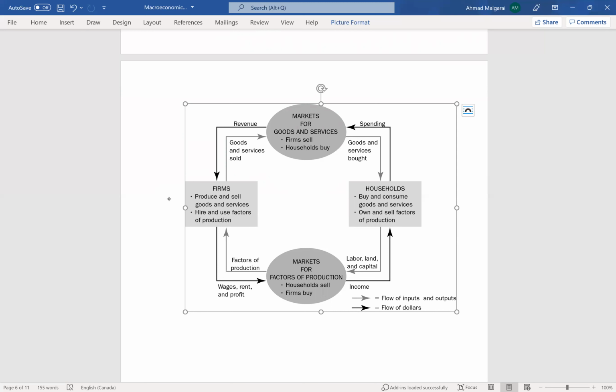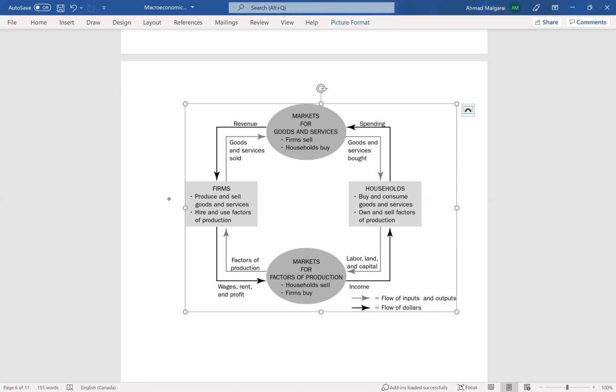So we have households, we have the market, and we have the firms. What will happen is that households buy goods and services. They spend money on them, buying from the firms.